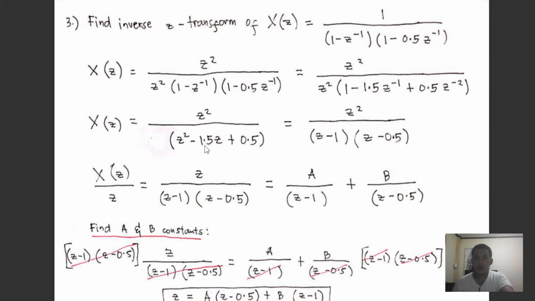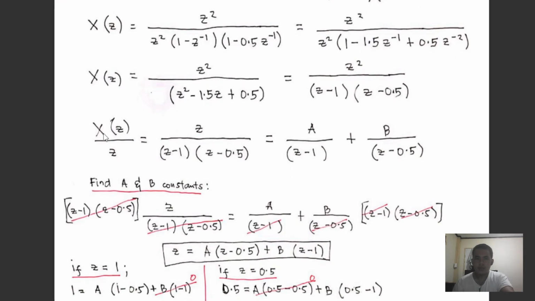We get this, and the next step is to decompose this quadratic equation, which gives an equation of z minus 1 multiplied by z minus 0.5. The next step is to divide both sides of the equation by z.